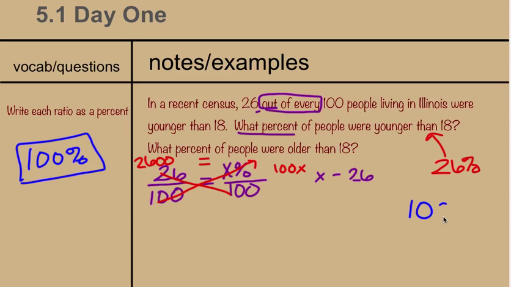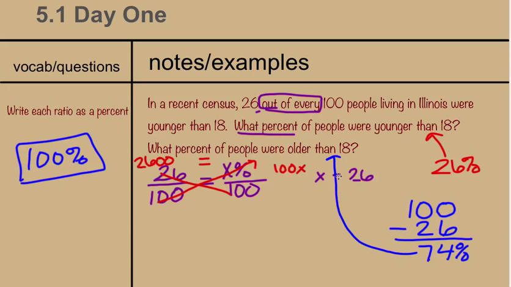So if I take 100 and subtract 26, I'll get my leftover percent of 74, and you can double check my math. But if I just subtracted those, I'd have 74% would be older than 18, and that would add up to be my total 100.